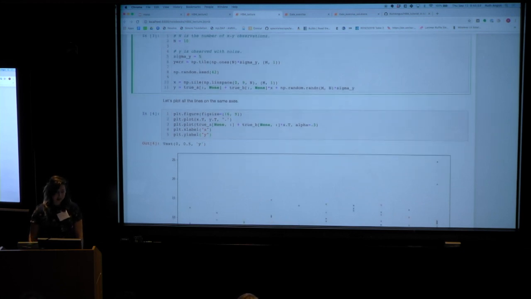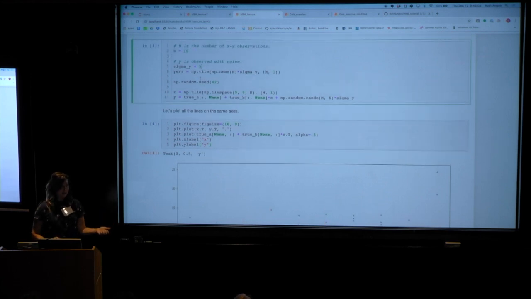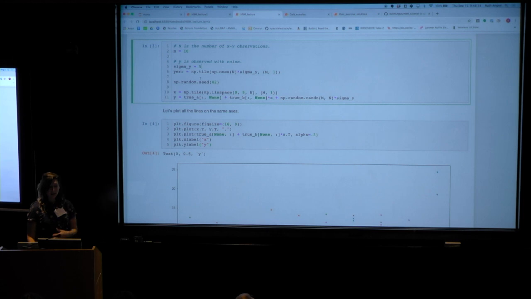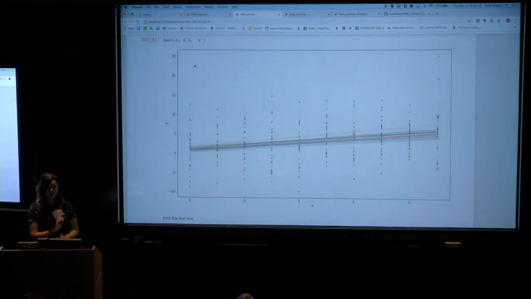And so in this cell, I'm just simulating 25 lines from the 25 different A's and B's. Each line has a different A and a different B. And each line has 10 data points in it. So if I plot them all on the same axes, it looks like this. I haven't got error bars on these points because you just can't see anything if I do that.